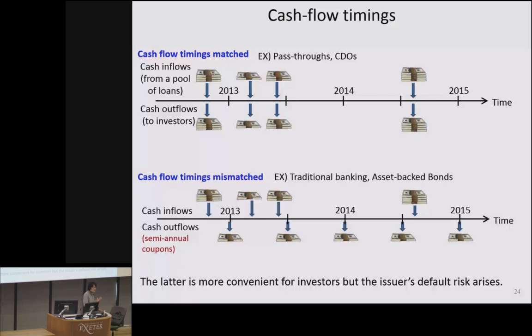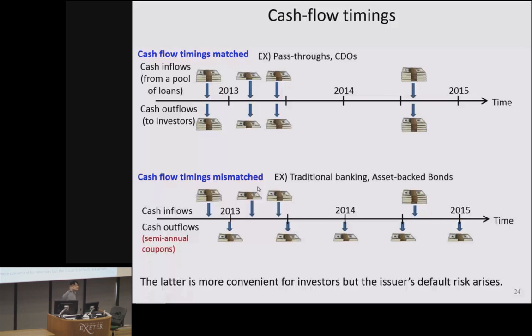But that's not necessarily a very convenient form of investment for some investors. Some investors prefer to have very regular coupon payments, okay? Like semi-annual coupons. So every 6 months, they get a fixed amount of cash. If Fannie Mae wants to issue such a security, then cash flow timings are mismatched.